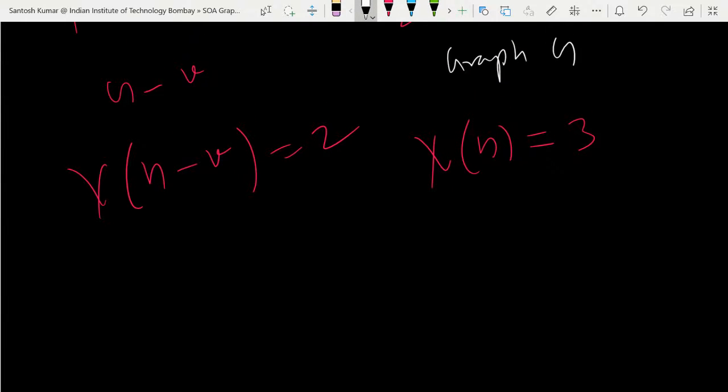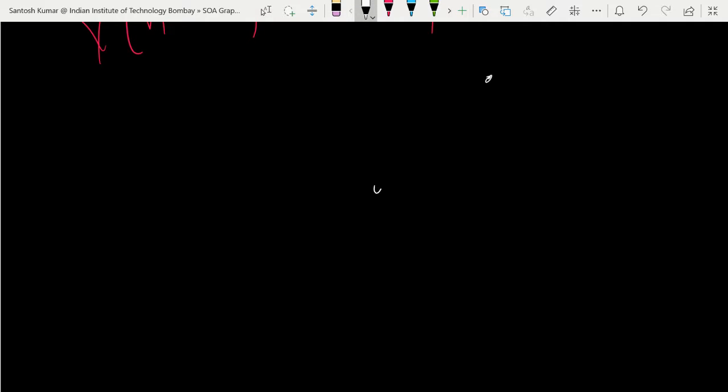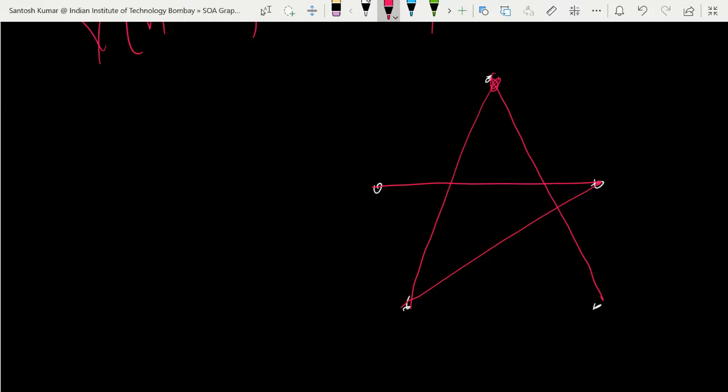So I would like to write the complement of this C5. So first make 1, 2, 3, 4, 5. So you know this has no edge with this, no edge with this. This has no edge with this and no edge with this. Again this has this.